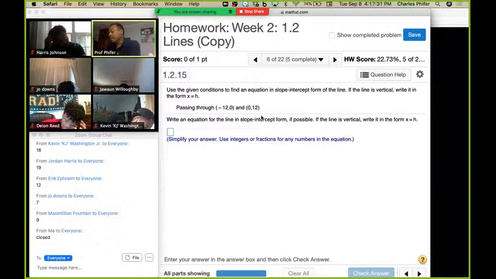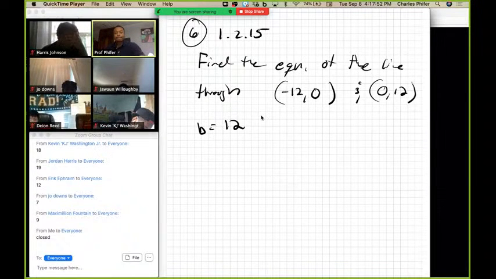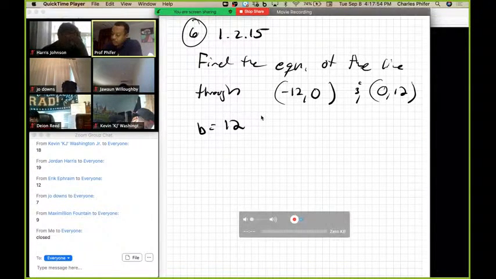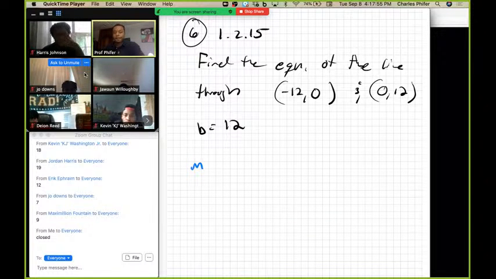Okay, so this looks like x and y intercepts. So if we have our y-intercept, we know that b equals 12. Let's go ahead and find the slope. So then the slope is going to be what?